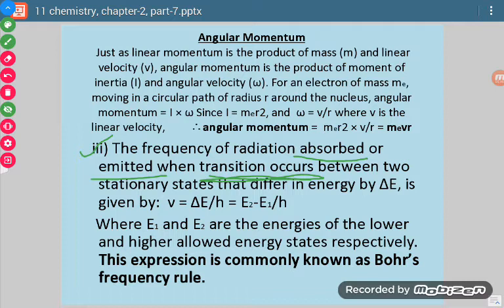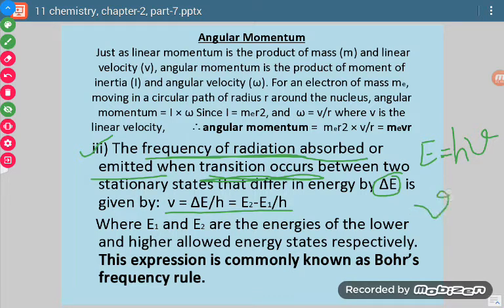The radiation will be either absorbed or emitted, and that absorbed or emitted energy is denoted by delta E. This relation comes from E equal to h nu.